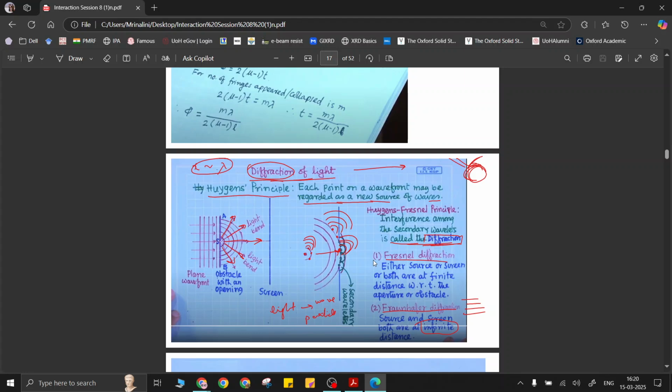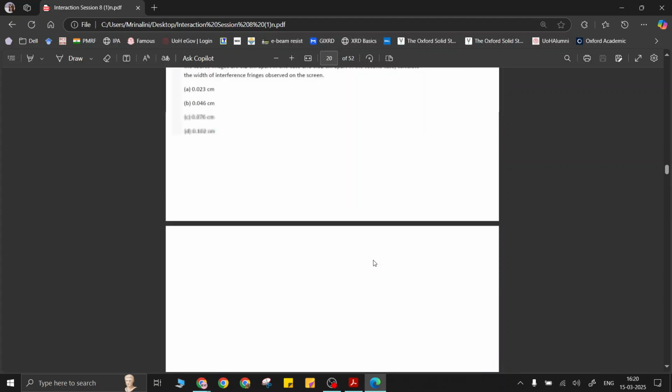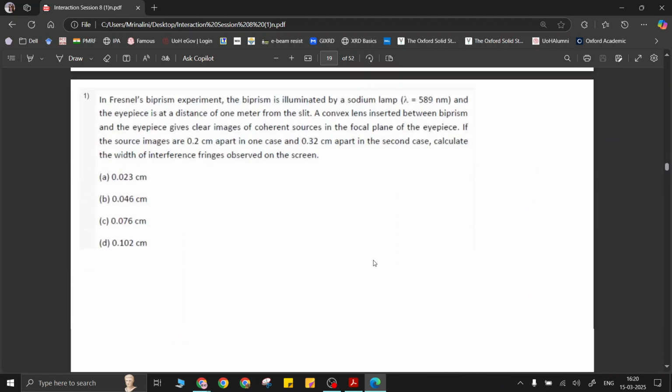Now the question is based on this. I just showed you so that we can recollect what is happening. The first question is: in Fresnel's biprism experiment, the biprism is illuminated by a sodium lamp.